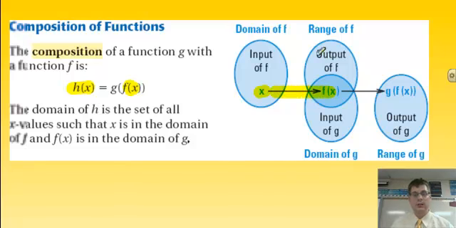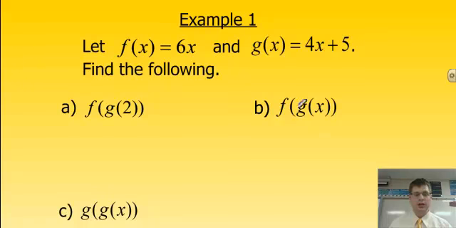That's your output of f. Well, that number is going to become the input for the function g, and then you'll get another number. So basically, you work this inside out. I think this will make more sense once we work an example.